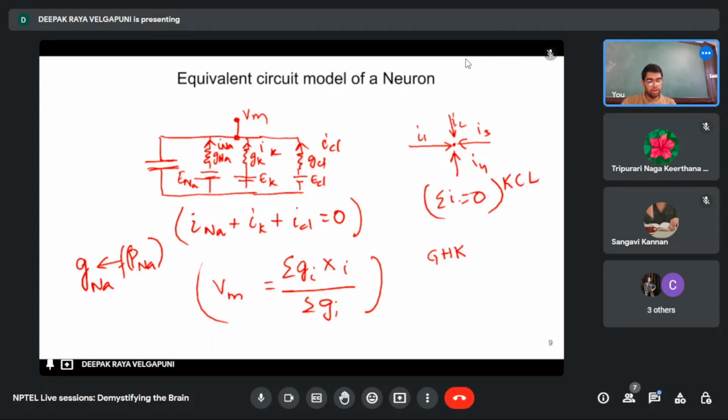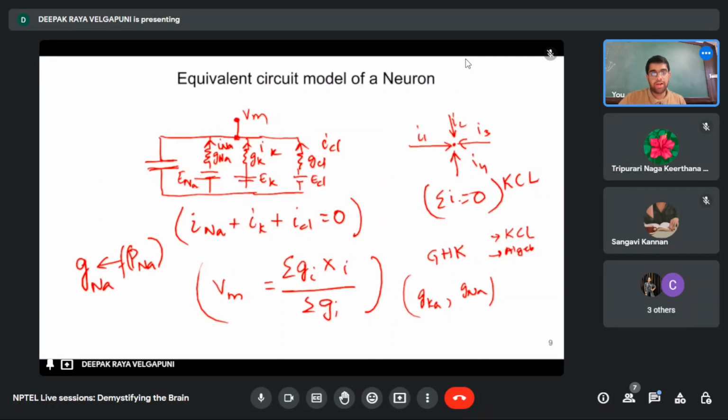And once you know the values of GK, GNa, if a problem gives them and asks you to calculate the membrane potential across the cell, you have to just do KCL and some algebra and get the answer. So yeah.